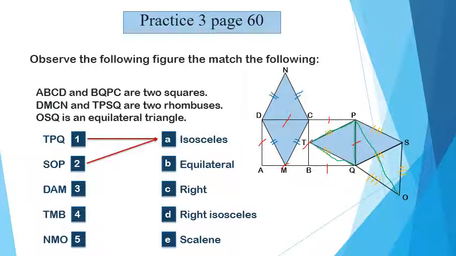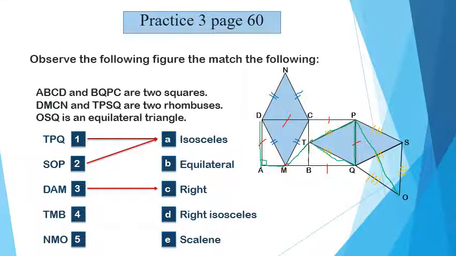DAM, in a square the angles are right, so DA is perpendicular to AM, then it's a right triangle. TMB, this triangle here.